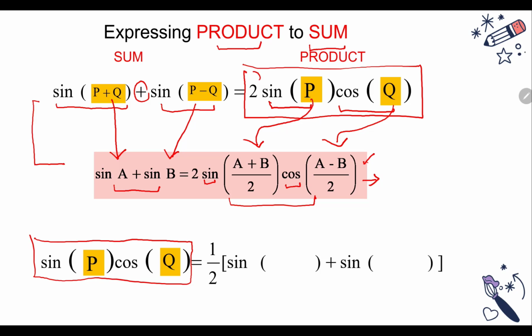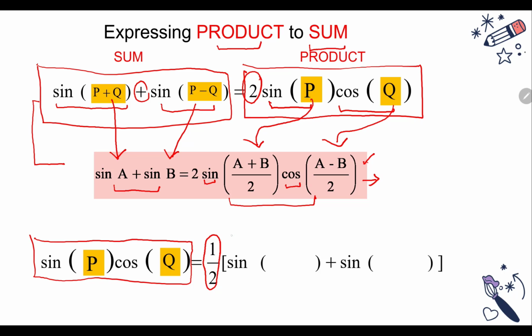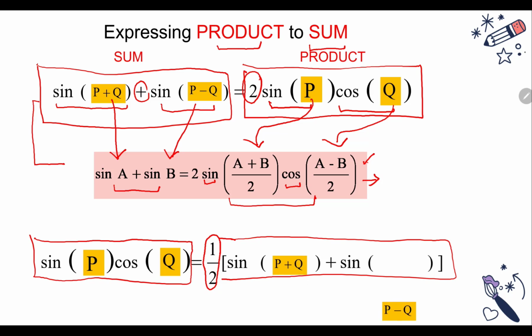Notice that we have 2 here. That 2 we're going to transfer to the other side so that it becomes 1 over 2. And the sum, which was on our left hand side, we write on our right hand side. So you will get sin(P plus Q) plus sin(P minus Q).